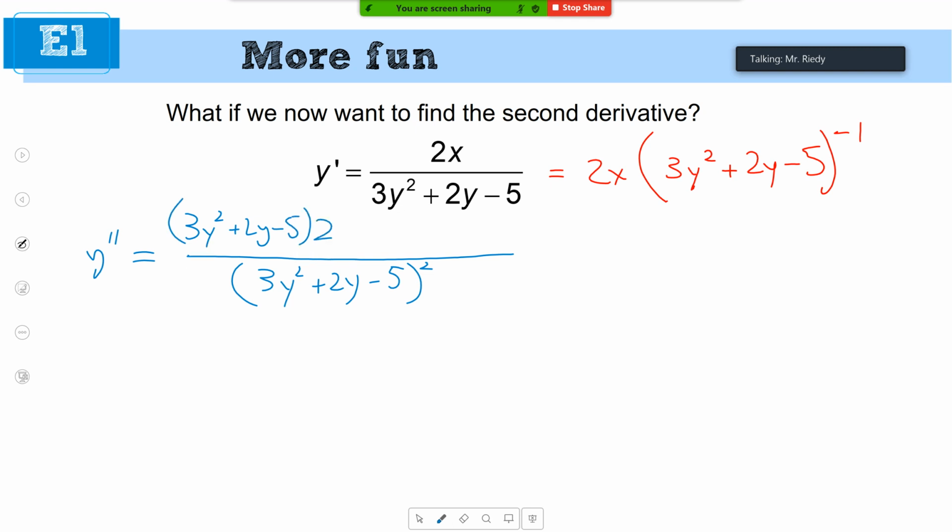Times the derivative of the numerator minus big honk in parentheses the numerator times the derivative of the denominator. Okay. Well, we did this already. Something similar, I would get 6y, but because I took the derivative with respect to y, I need a y prime on there. Plus, the derivative of 2y is just 2, but again, I took the derivative with respect to y, so I'd have a y prime, and the 5 just goes away to 0.